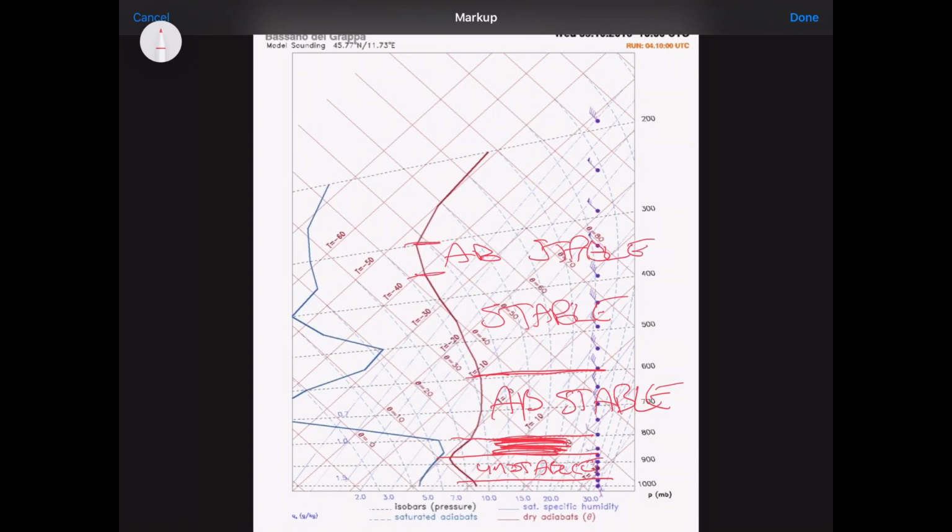Apologies for my handwriting. And then again, absolutely stable and almost isothermic, which means that in this altitude here, absolutely 0 degrees per 100 meters is lost.